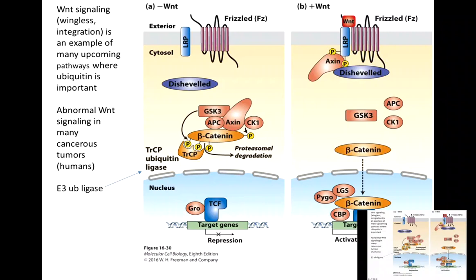Beta-catenin goes to the target gene, knocks off the repressor, Groucho, and the target gene gets activated. Again, Wnt signaling is another growth factor sort of signaling. It's important in lots of cancerous tumors. Human tumors have messed up Wnt signaling. It's also important in development.